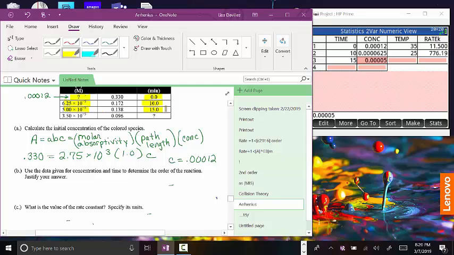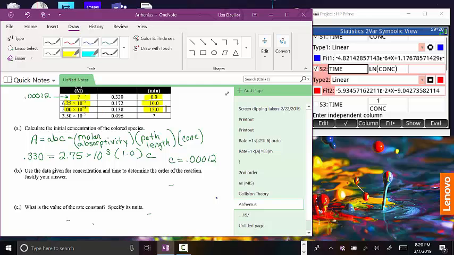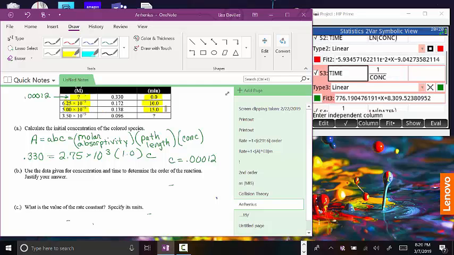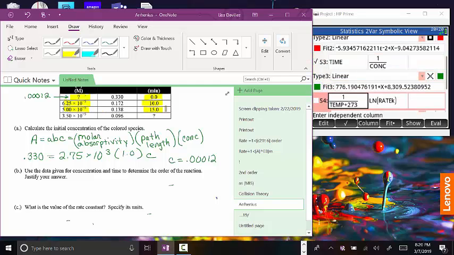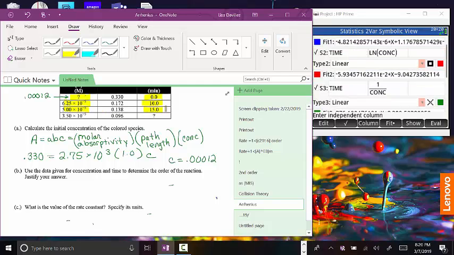Okay, so we're going to go now to symbolic. I'm going to check zero order, first order, second order. Make sure everything else is unchecked. Okay. And my plot.